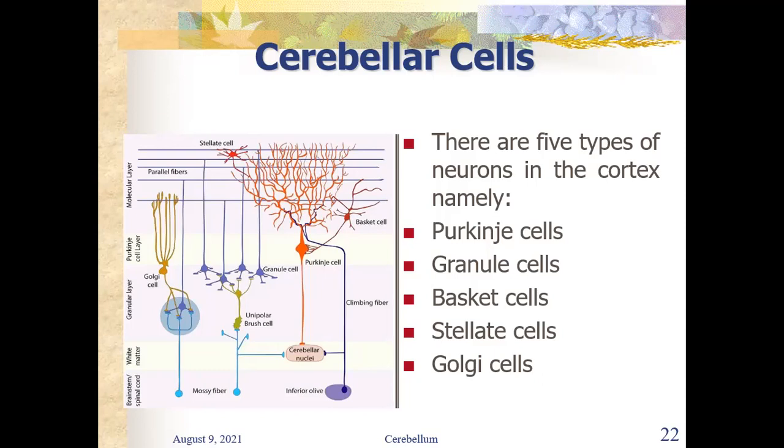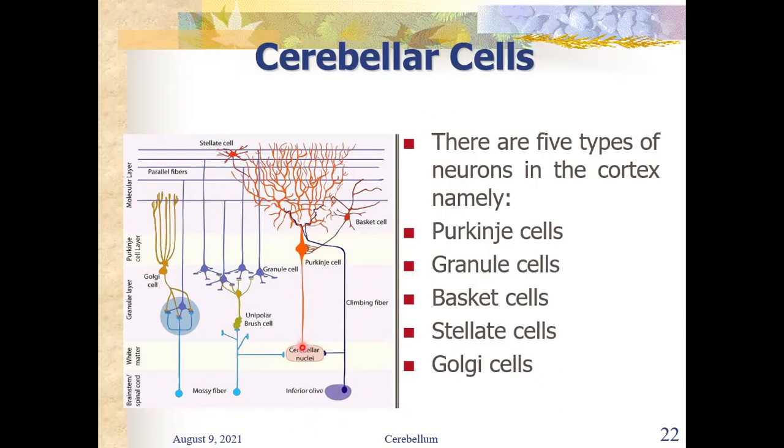The main inputs to the cerebellar cortex are the climbing fibers and also the mossy fibers. Those are the 2 main inputs to the cerebellar cortex. The main output from the cerebellar cortex is from the Purkinje cell.